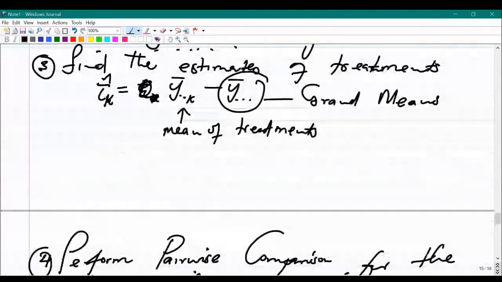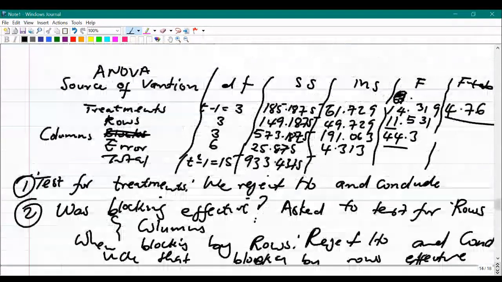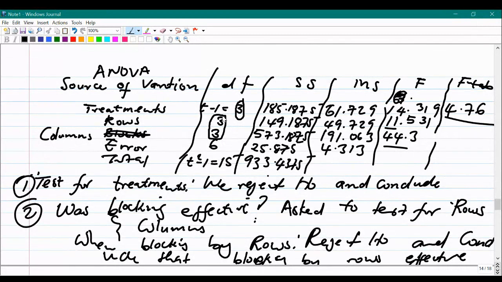It's easy because if you are given the degrees of freedom of treatment, it means you know the other degrees of freedom too. Because when you have 4 treatments, you also have 4 rows and 4 columns. So we are talking about a T by T design. It's a square.